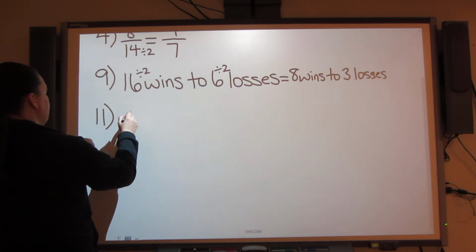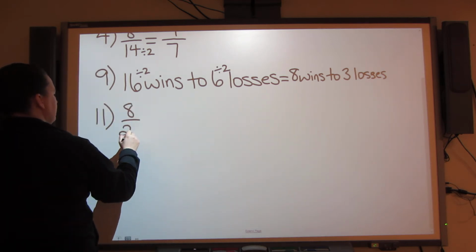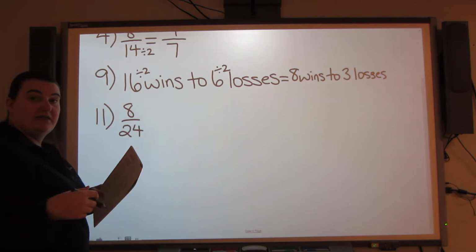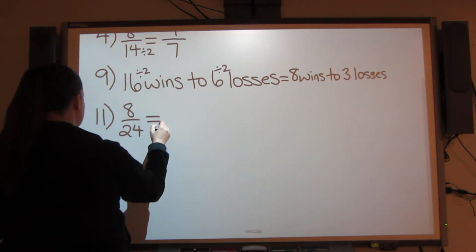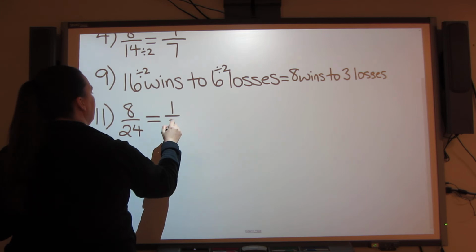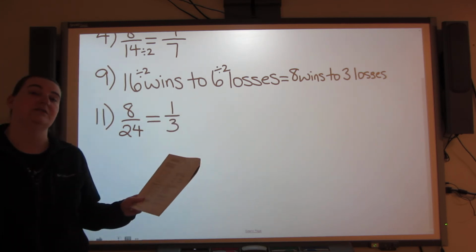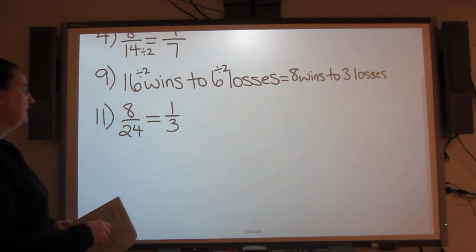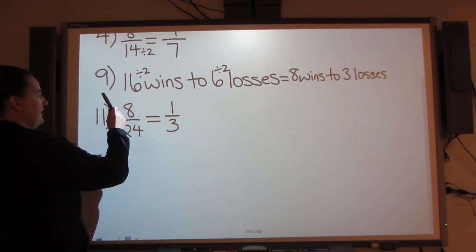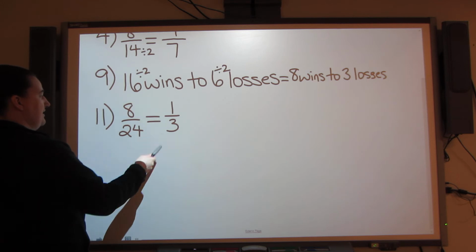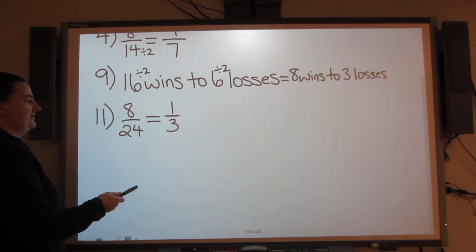So number 11, it says 8 over 24. And then the way you write these down is you write equals, and then 1 over 3, and you have to figure out, is it actually equal? Is this statement true? So you look and you think, how do I turn 8 into 1? How do I turn 24 into 3?